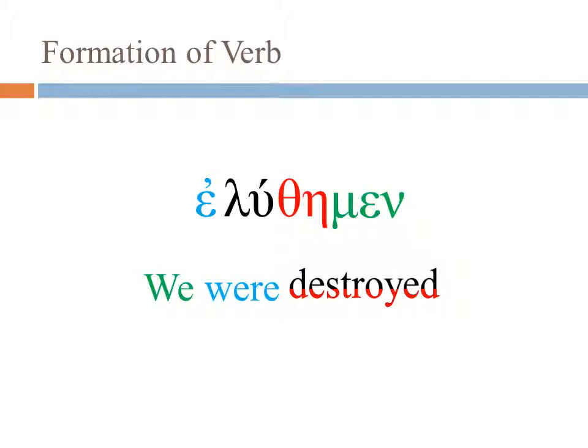So in this case, we're going to get eluthemen if we add the prefix, the stem, the tense formative, the pronominal ending, and we would get a we were destroyed. These forms are not going to come for some time. I'm just showing you what the forms are that will eventually be added.